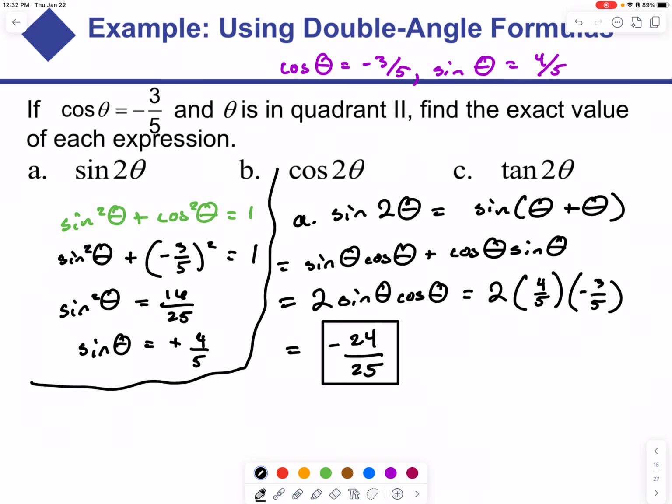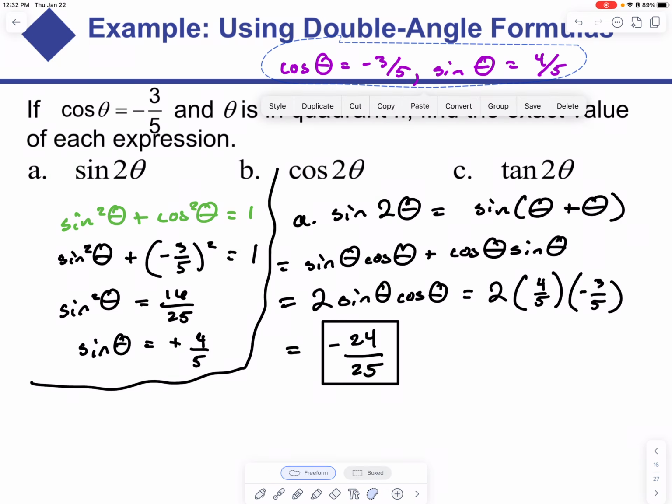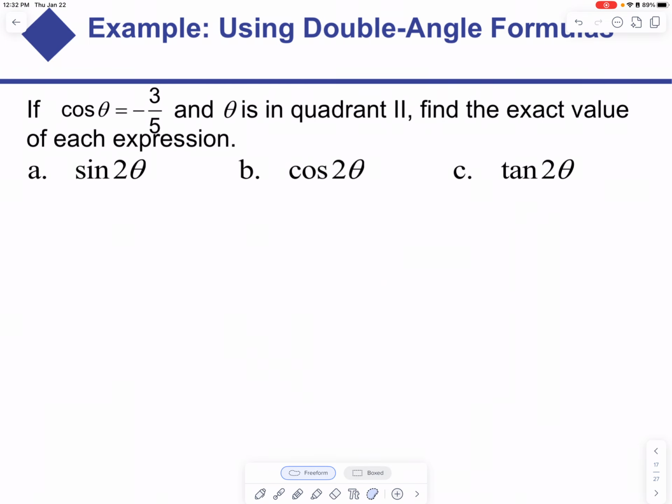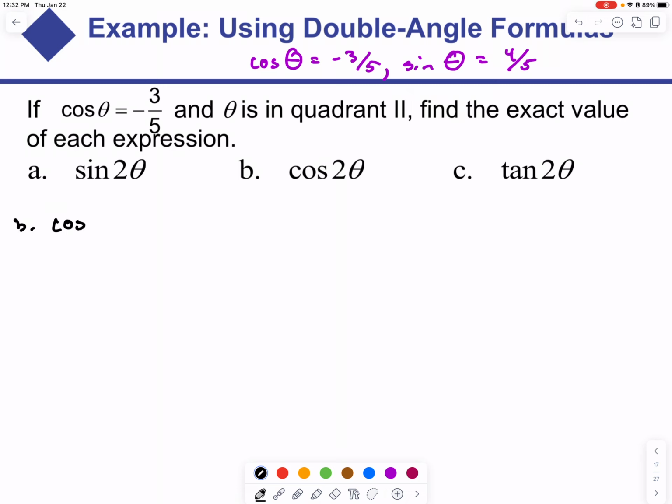Cosine of 2 theta. Let me get a copy of this. Let me go ahead and paste it here as well. So then for B. So if we're doing cosine of 2 theta, that means what?